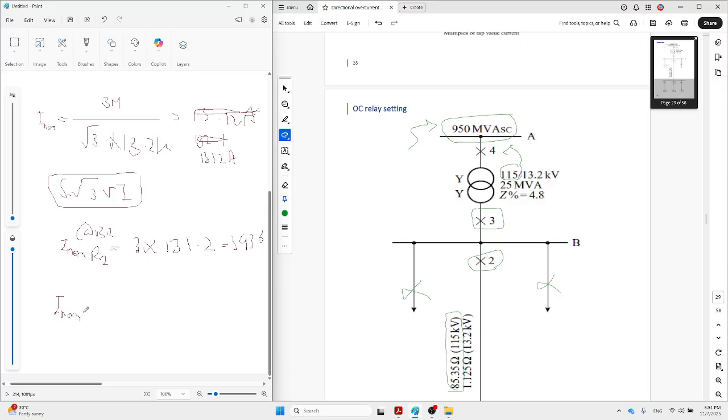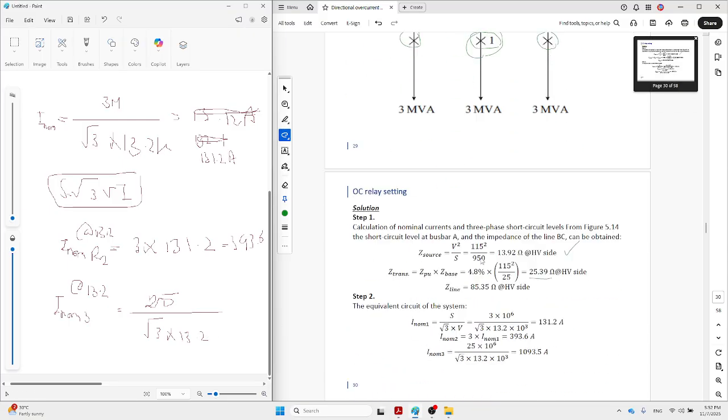So I nominal for relay 3 at voltage 13.2 is equal to 25 mega over square root 3 times 13.2. The value given here is 1093.5 amp.